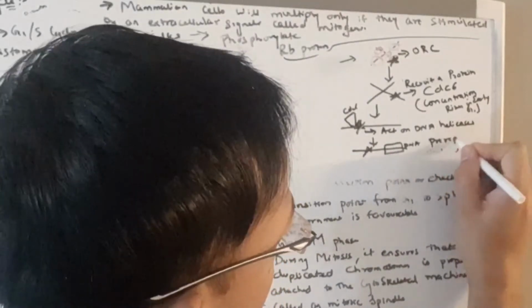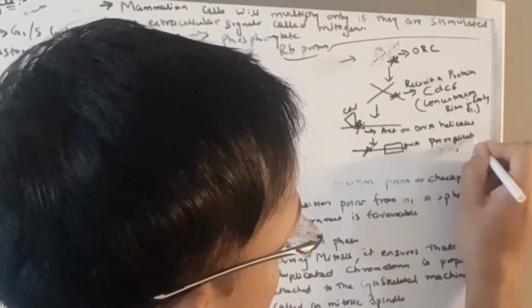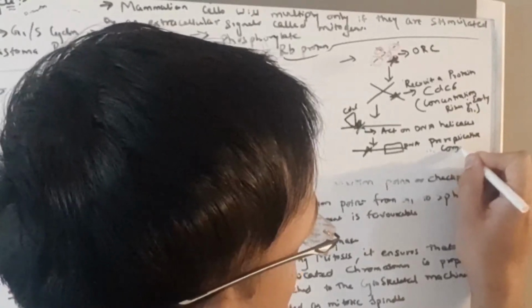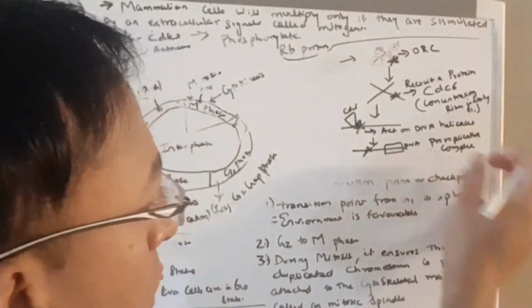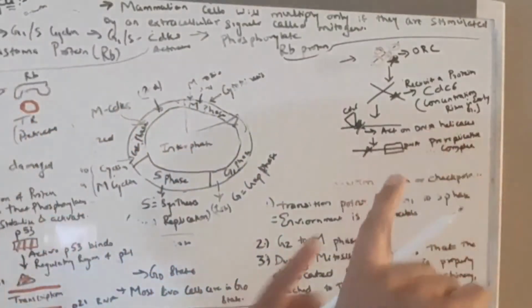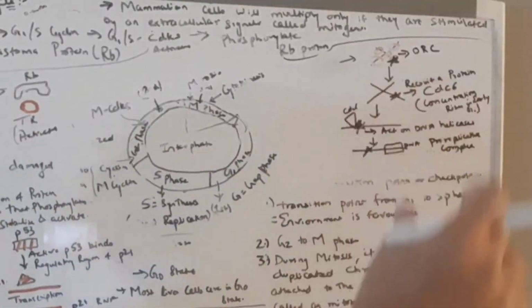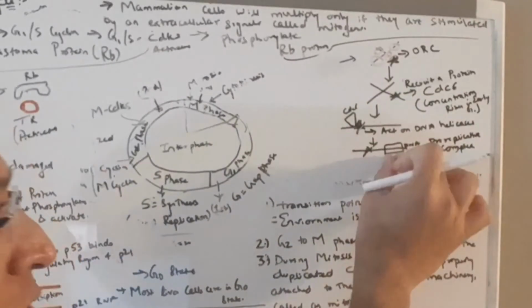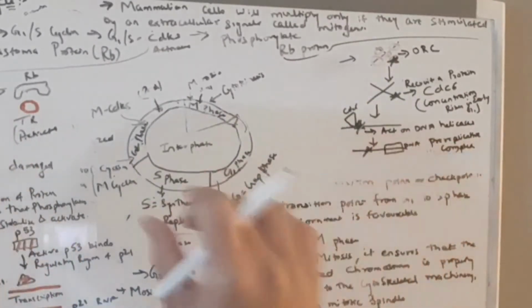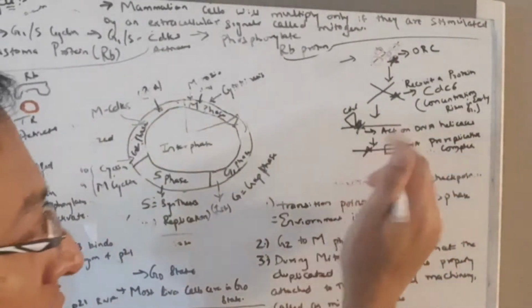I will write it down: pre-replicative complex, right? Both DNA strands are separated, and in perfect sequence, this is ready as a pre-replicative complex.